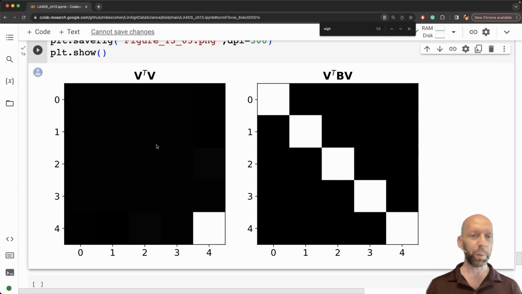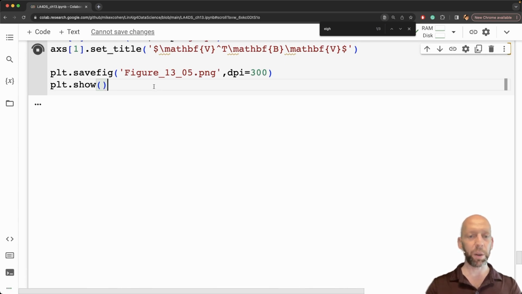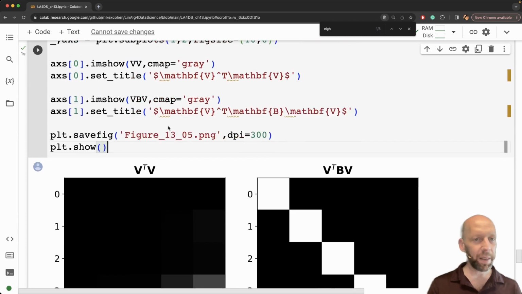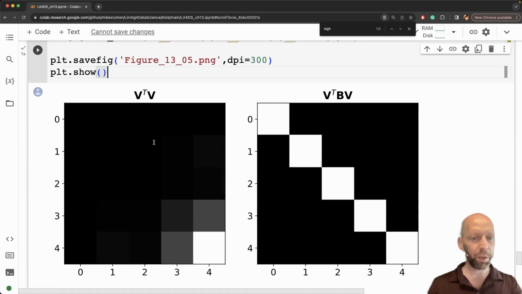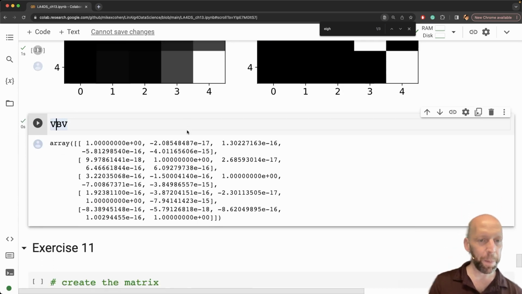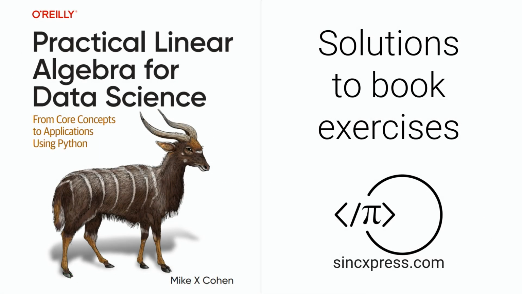This one doesn't, but that's because these are random matrices and there are no constraints on what V transpose V should look like. Each time I rerun this code, it's going to look different because it's just random numbers multiplying each other. The last thing I want to do is print out VBV, which is actually V transpose B times V. You can see that all of these numbers are really, really tiny. So this is just 0 plus rounding errors.